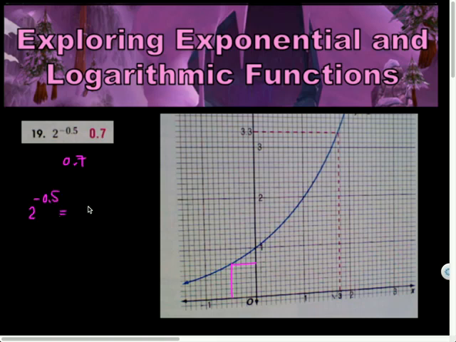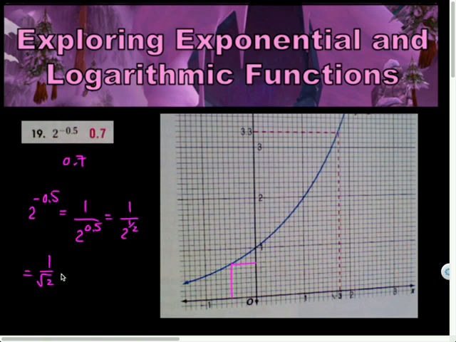I could have moved that downstairs and it would have been 1 over 2 to the 0.5, or 1 over 2 to the half power. And what is a 1/2 power the same as? That's the same as 1 over the square root of 2. And then if I wanted, I could get rid of the square root.